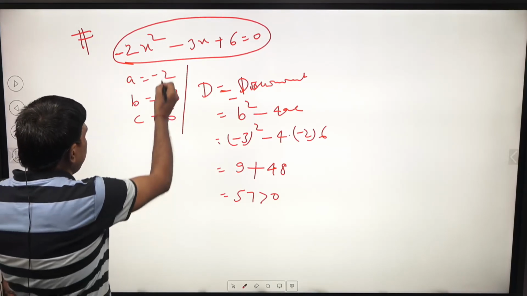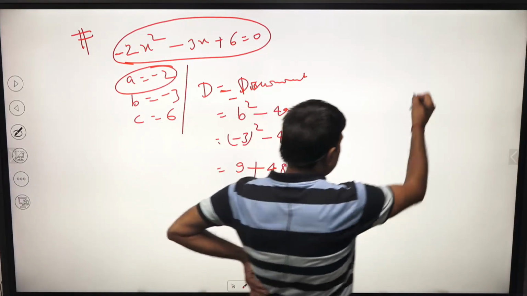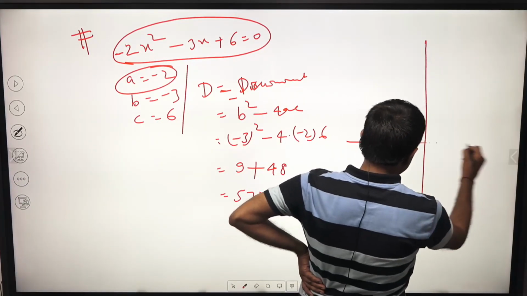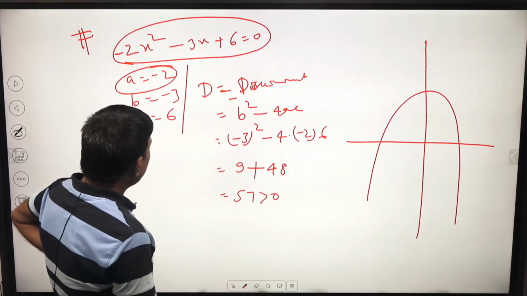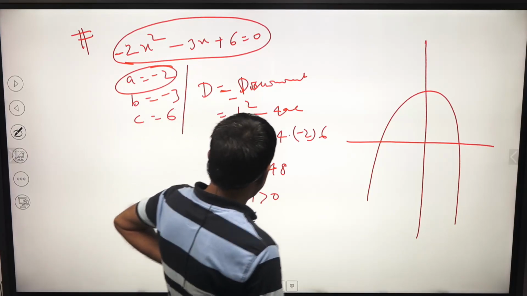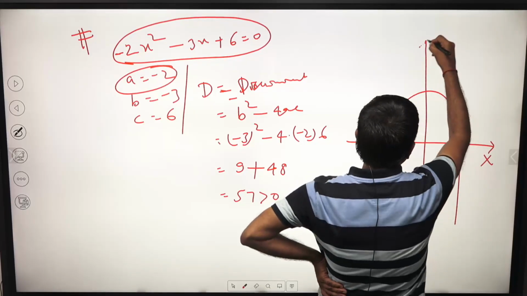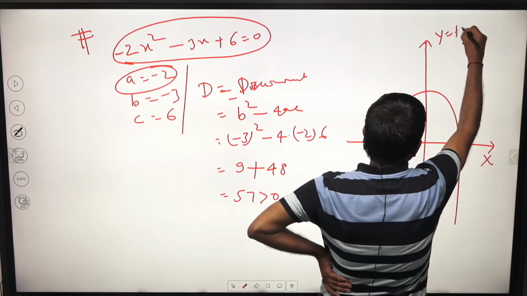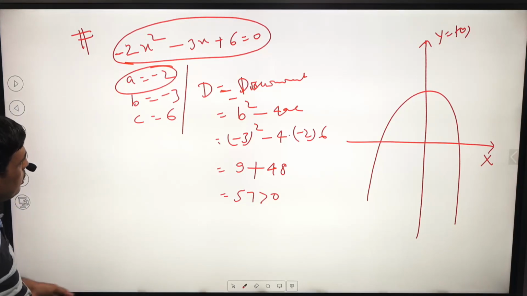But here a is less than 0. That means the parabola of this opens downwards. And d greater than 0 means it intersects the x-axis. These are the basic concepts of plotting quadratic equations.